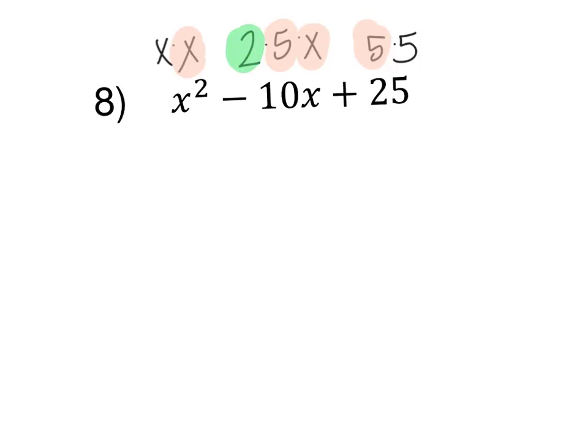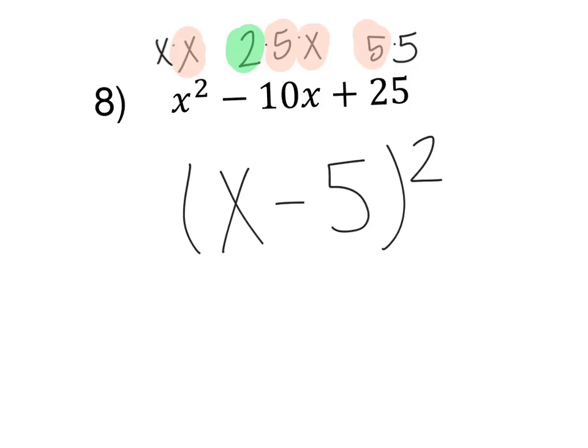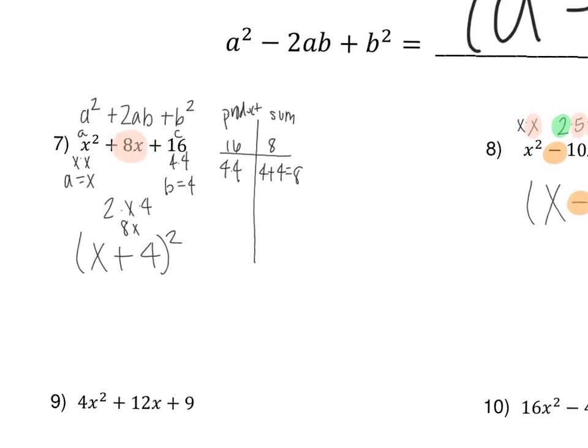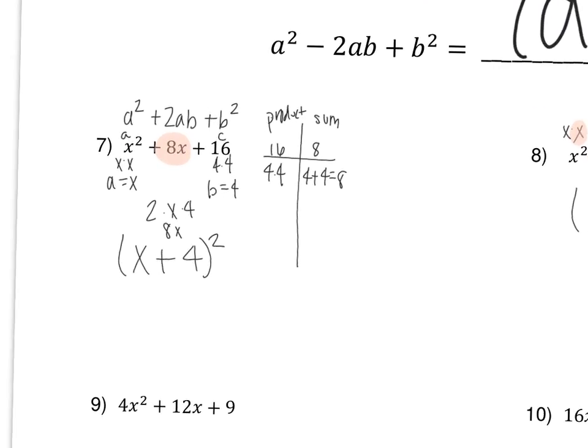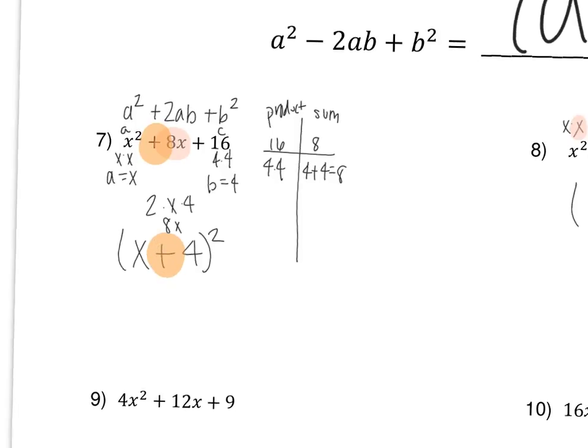So this one is going to factor into x minus 5 squared. So whatever sign shows up in front of b, this sign is always the sign that's in our problem. Just like on problem 7, it was plus 8 here in the middle, so that meant there was a plus sign in the middle of our problem.